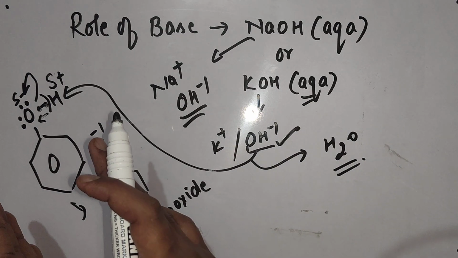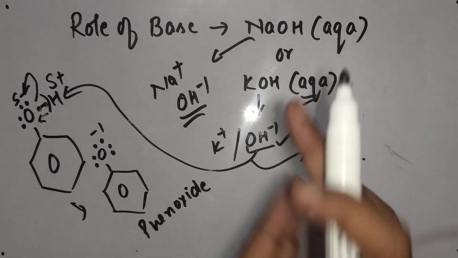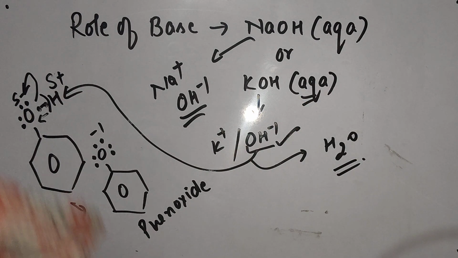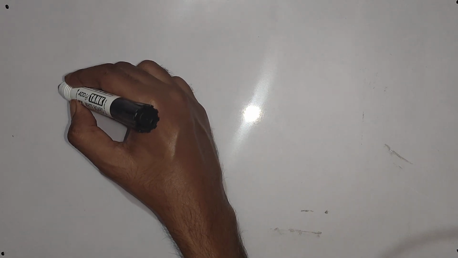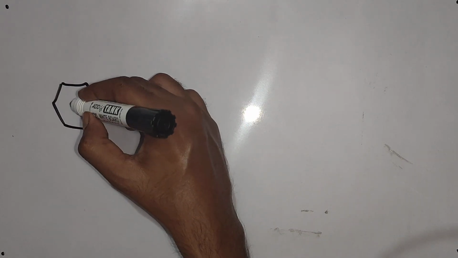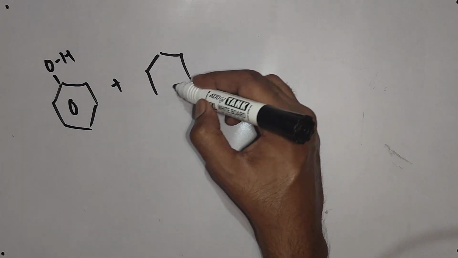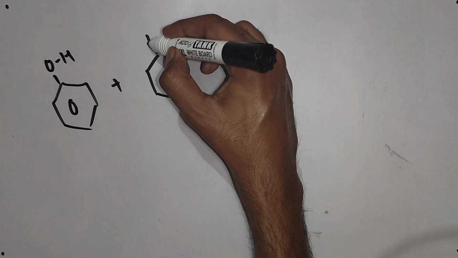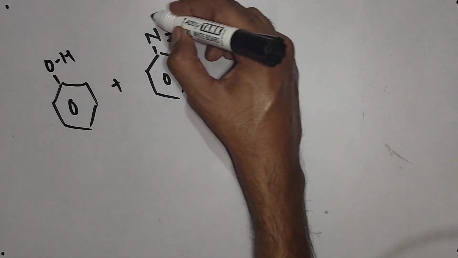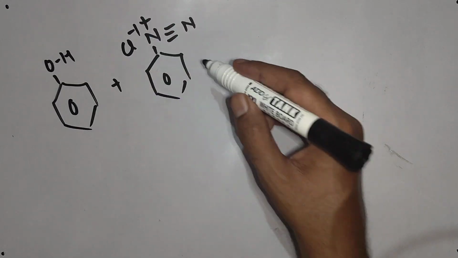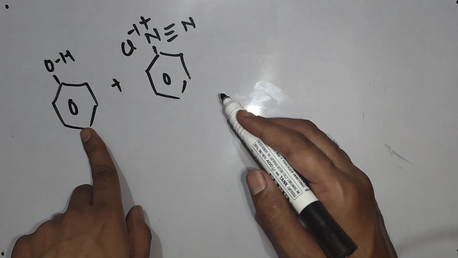Now why do we need to convert phenol into phenoxide ion with the help of a base? Reason? Check. Actually, what is the problem? We want the attack of benzene diazonium chloride on the benzene ring.